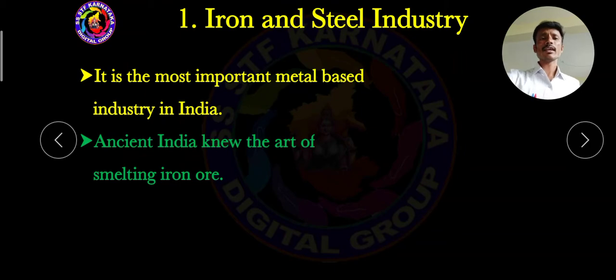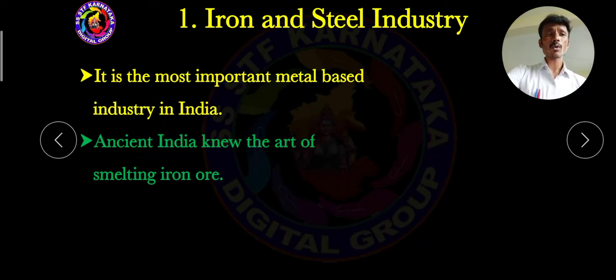So ancient India knew the art of smelting iron ore. You know, ancient days means belonging to the time of long past. It means in those ancient times, they knew the art of smelting. What is the meaning of smelting? It means extracting by heating.